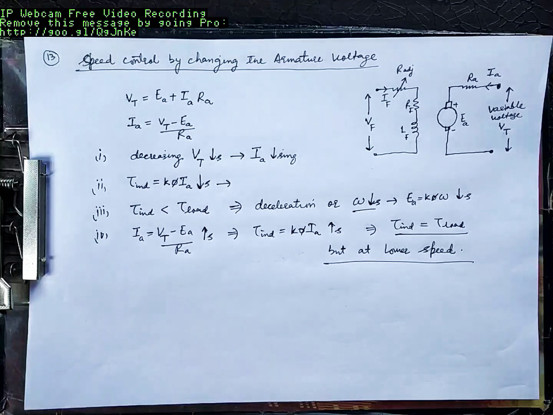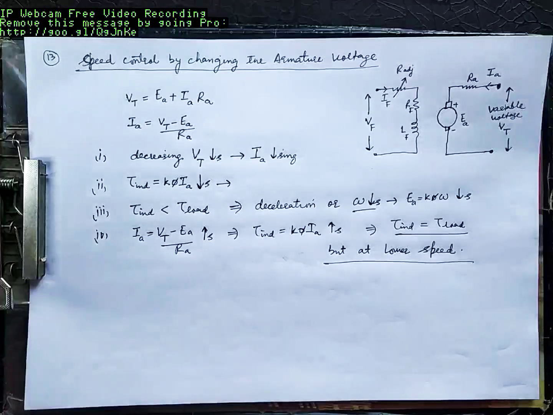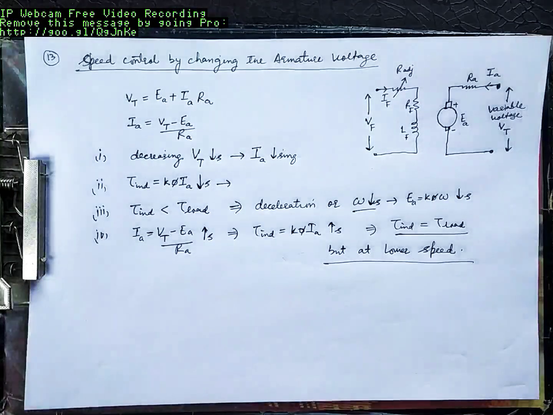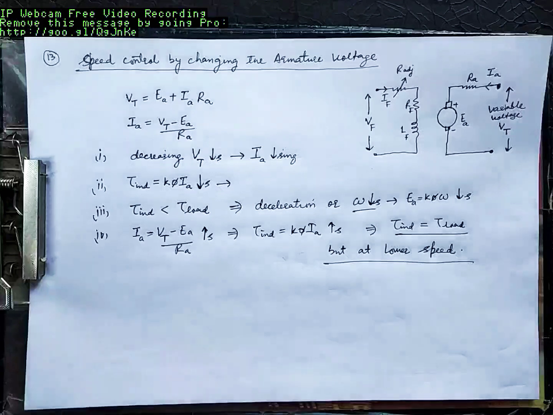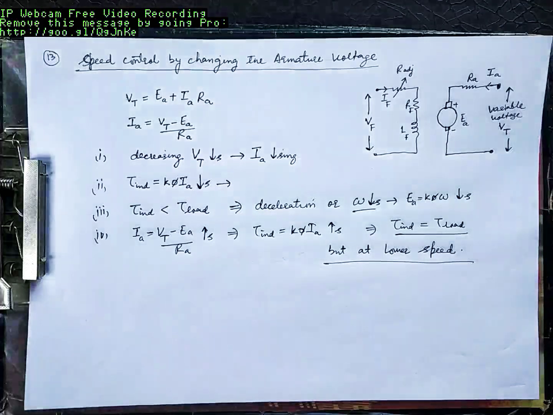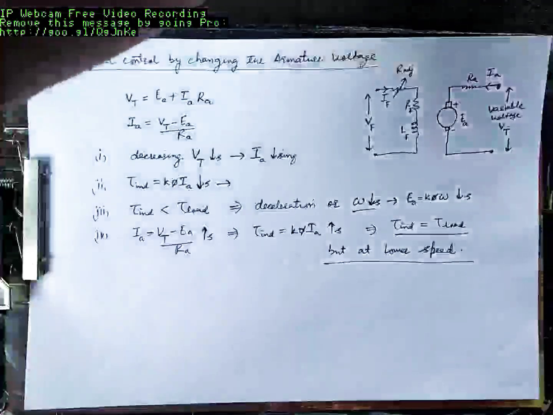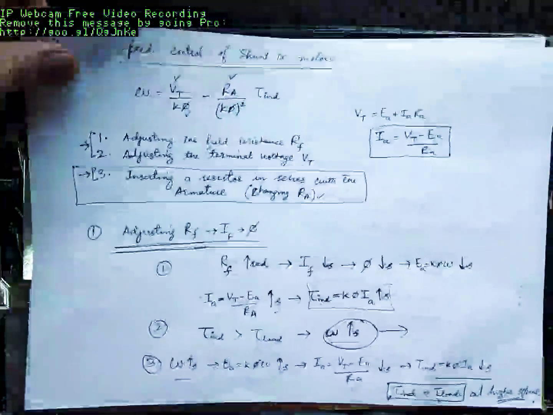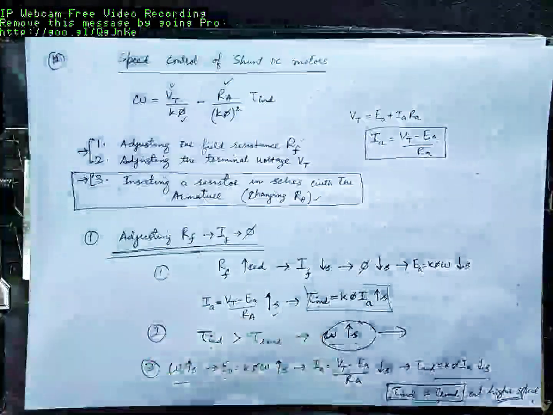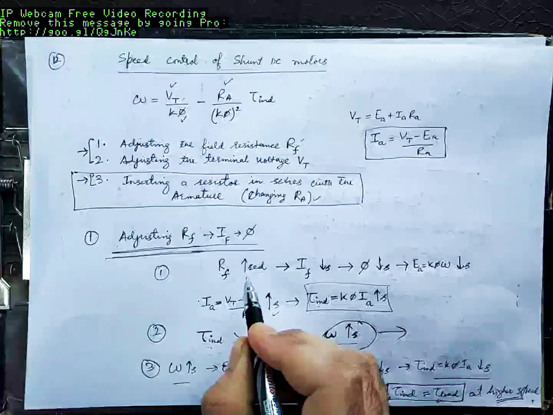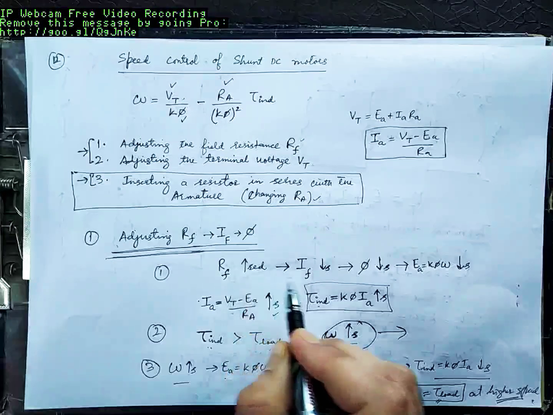Now, what are the applications of these two speed control methods? Where do we use them? Changing the flux or changing the field resistance, and changing the armature voltage. If you observe the field resistance method, when I increase the field resistance, current decreases.